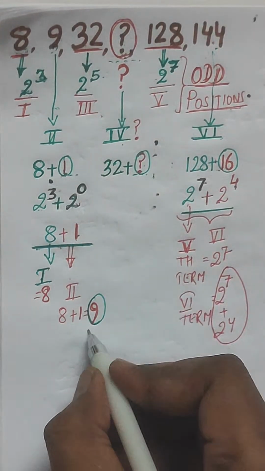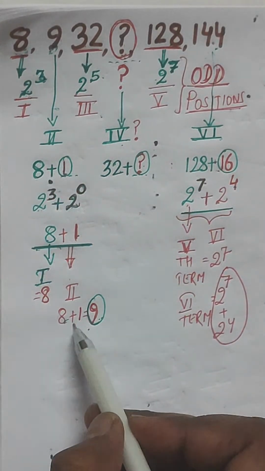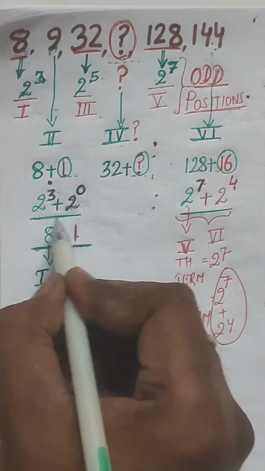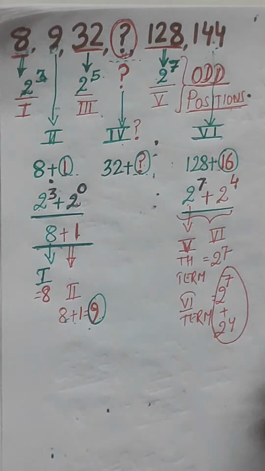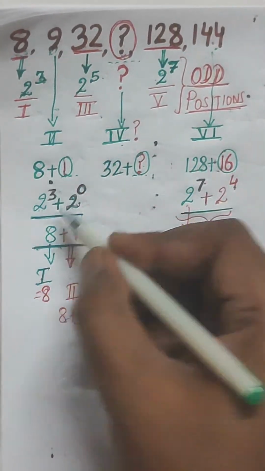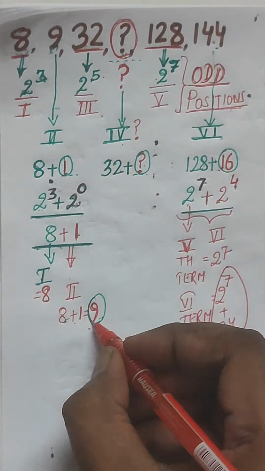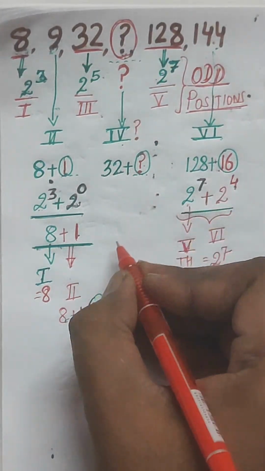So that's why the second term is 9. I think you are able to relate it. So this relation is followed, 2 cube plus 2 power 0 is the second term, that is 9. Now for the same, you can see what relation is followed here.